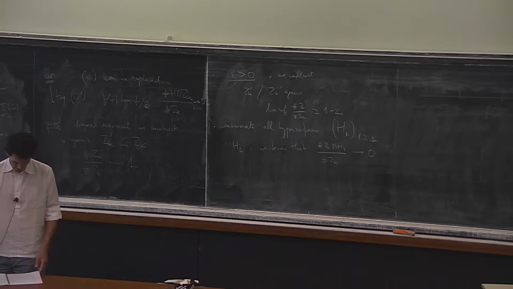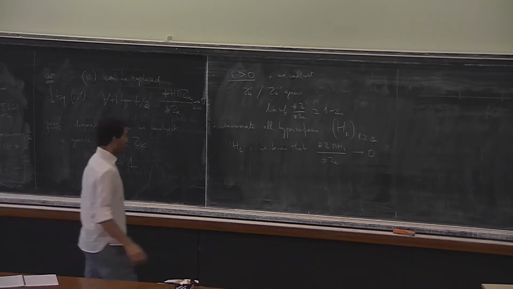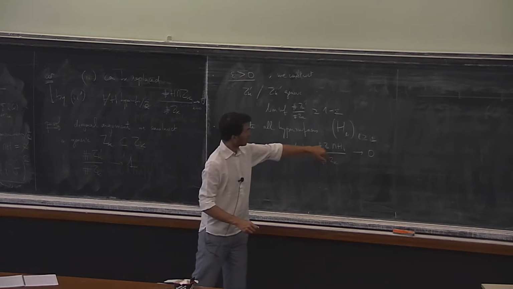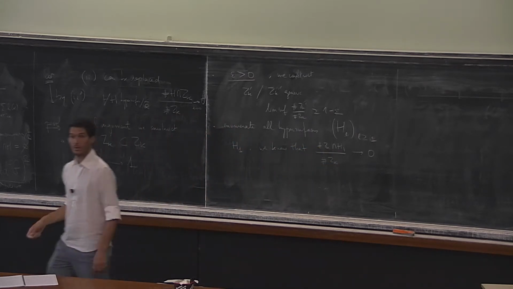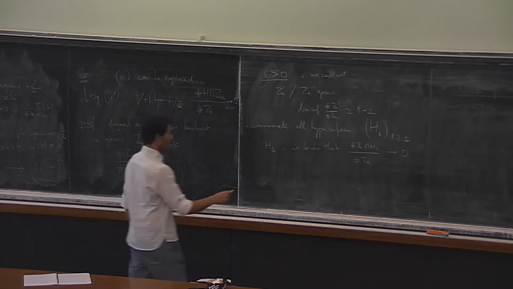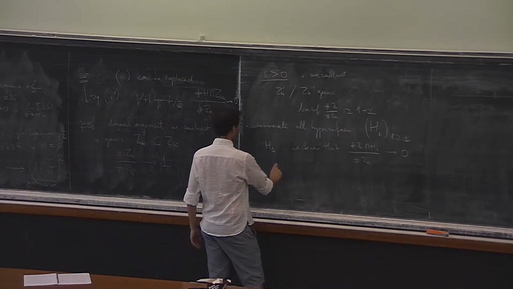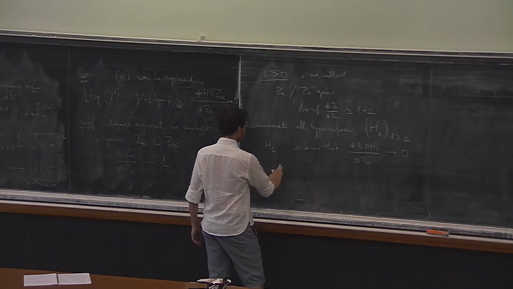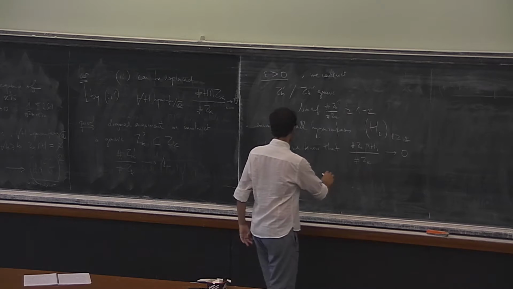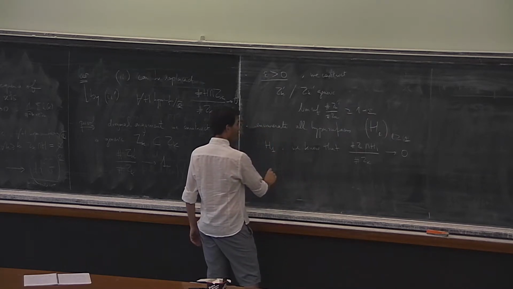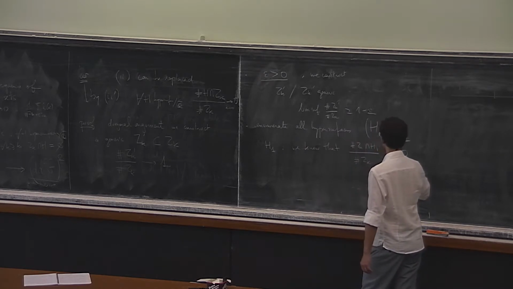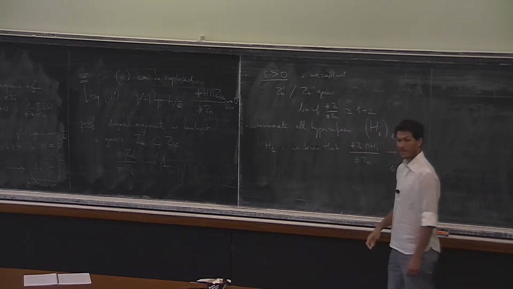So for large k, there are very, very few points in H_1, right? So for large k, you remove them. You wait until this is smaller than epsilon over 4, say.